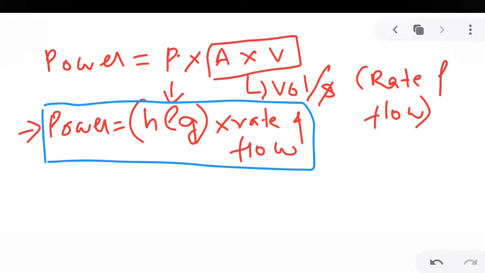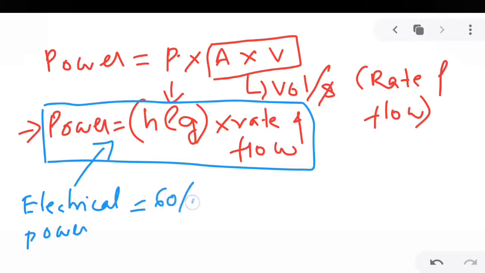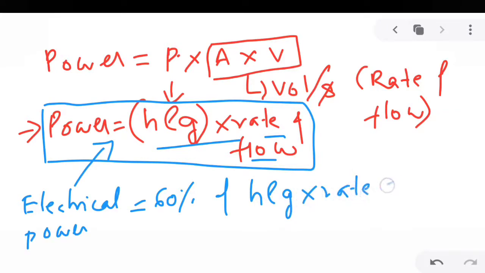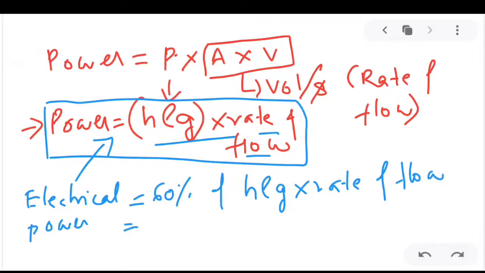But the turbine generator has an efficiency of 60%. That means it is only going to convert 60% of this power into electrical power. So the electrical power that is generated will be 60% of H rho G into rate of flow. So 60% means 0.6, that is 60 by 100, into H. H is 300 meter.